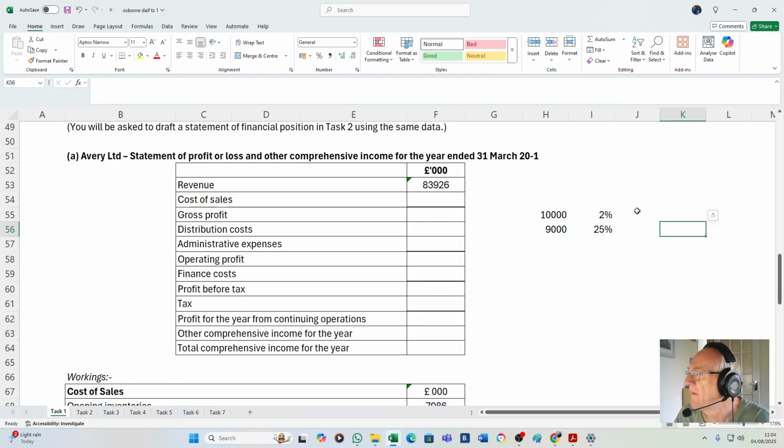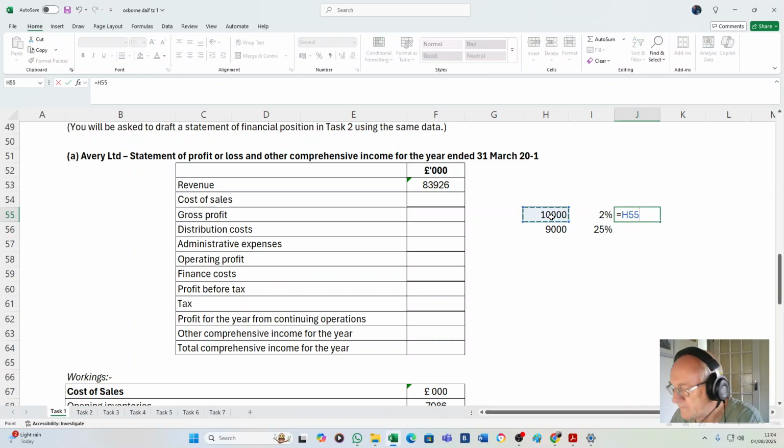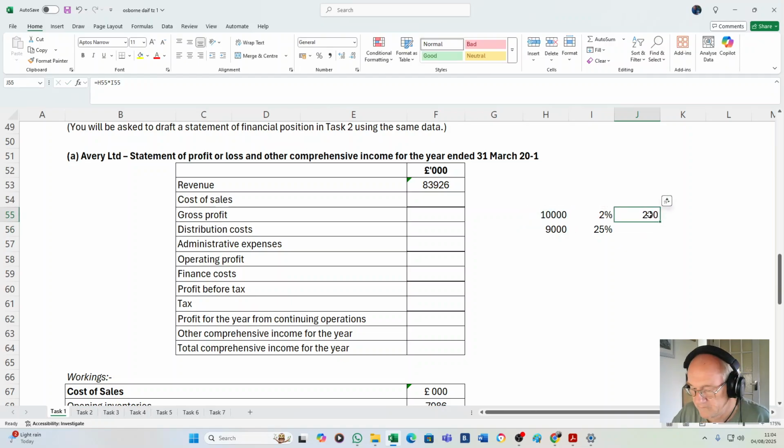So once we've got that, we can do our sums. Add up our depreciation, and then we just need to split it between the various parts.